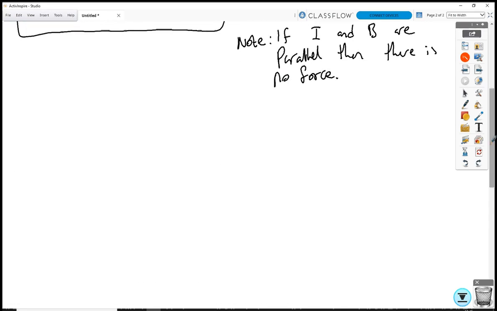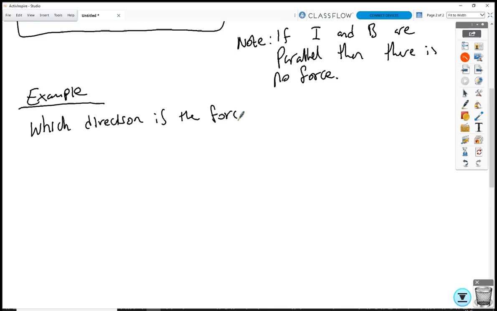Let's do a quick example. Which direction is the force? So we'll put the end of two magnets here.